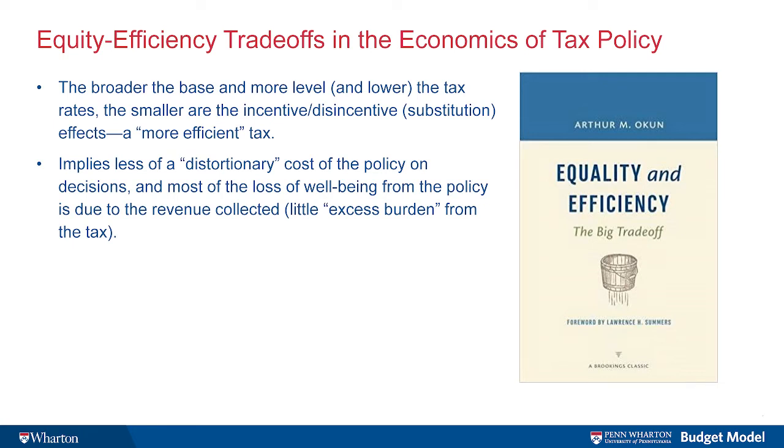The reason Arthur Okun wrote about the equality and efficiency trade-off, and the reason there's a picture of this leaky bucket, is because the idea would be you can tax the rich and redistribute to lower income households, but there will be some resources lost along the way as those higher income households avoid the tax by reducing their labor supply, reducing their savings, basically reducing activities that are subject to the tax.